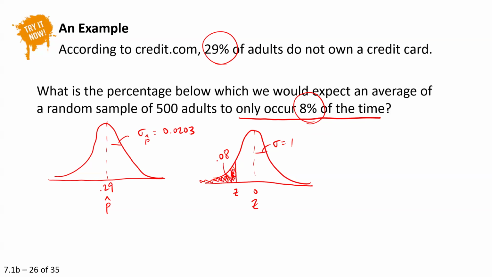Yeah. Okay, so what's our z value? Should it be positive or negative? Negative, because it's on the left-hand side. Negative 1.4050. Good.